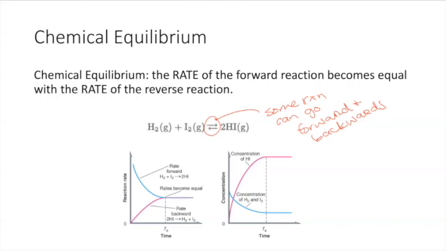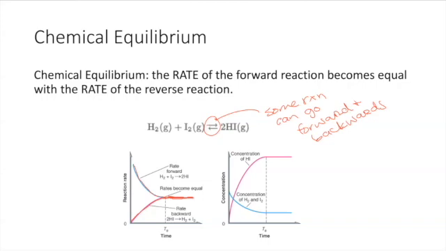This is depicted in this graph on the left, where maybe this is the backwards reaction and it's happening kind of slowly but building speed, and the forward reaction is happening really fast but is slowly decreasing speed. Over time, they end up at the same speed.